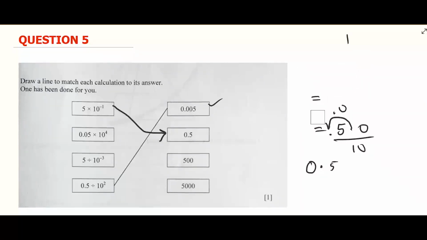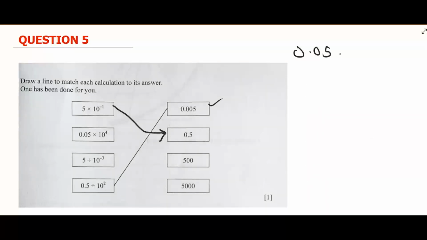The next one is 0.05 times 10 to the power of 4. If you are multiplying by a power of 10, you shift the decimal point forward according to the power there. So you have to shift the decimal point forward 4 times: 1, 2, 3, and 4.